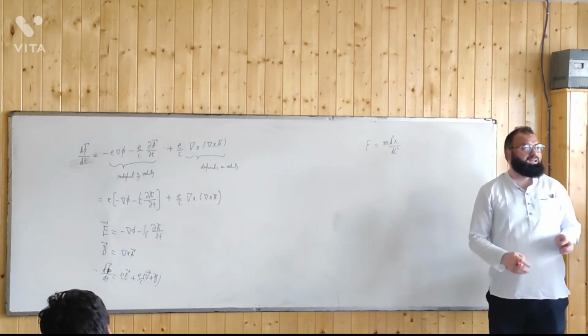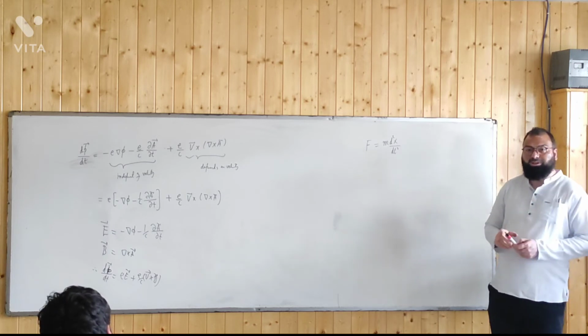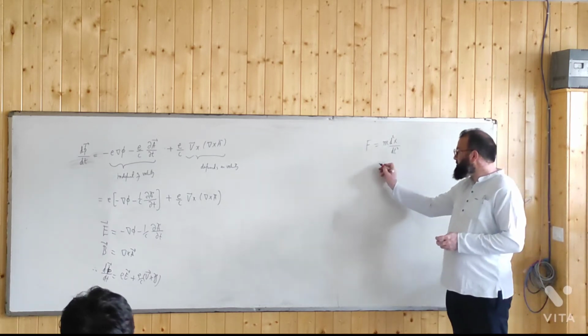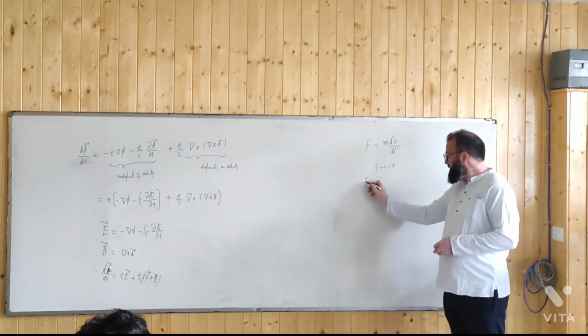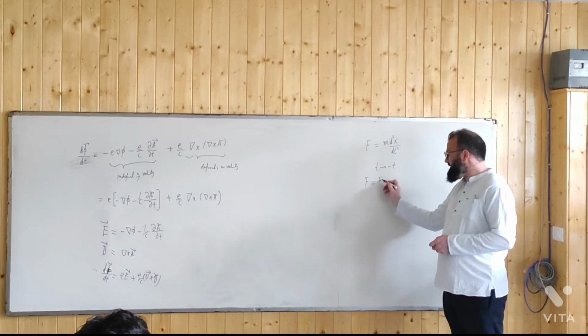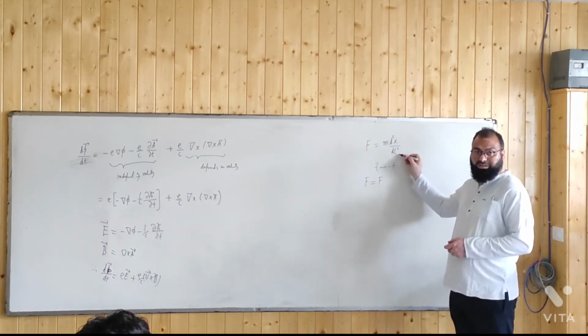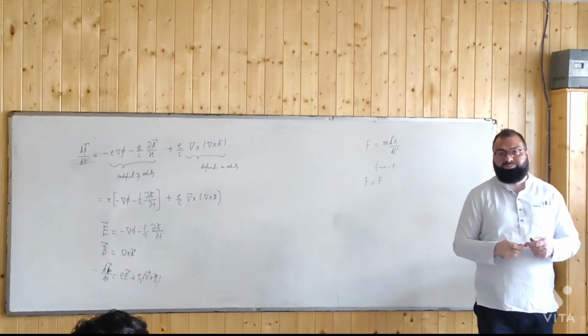Any question? Now if you change t to minus t, what will happen? This force will remain the same, because it is quadratic in time, so the force equation remains the same. What does it mean?